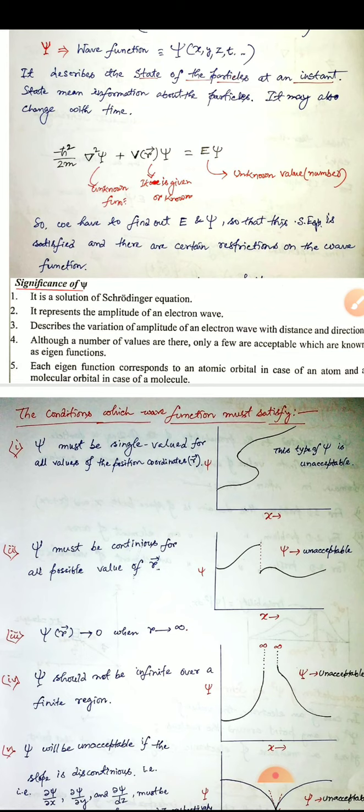Psi must be single valued, because if it is real, it should be single valued with respect to its spreading or movement or distance. Number 2, psi must be continuous, because if it is real, then the value should be continuous. If I go along the x-axis and somewhere we do not find the particle, then it is not a real particle. So along the x-axis it should be continuous.